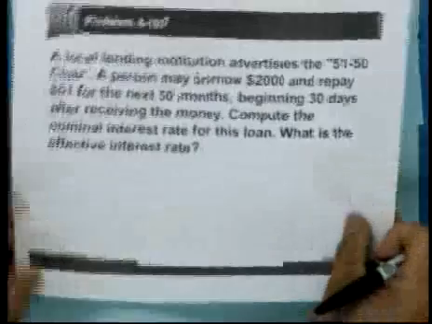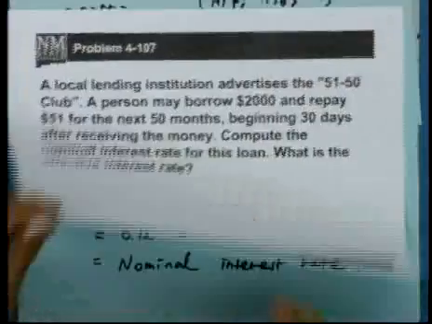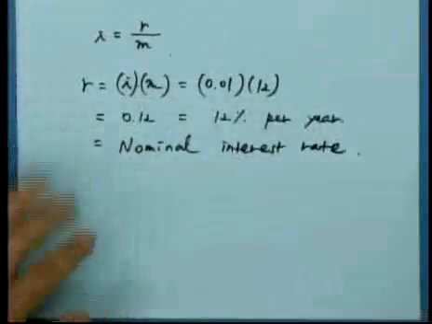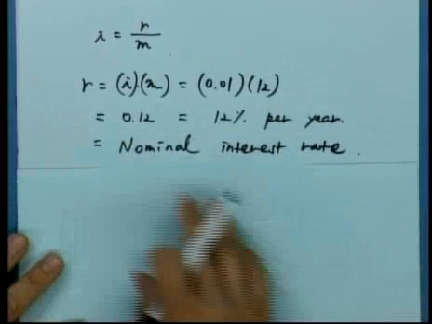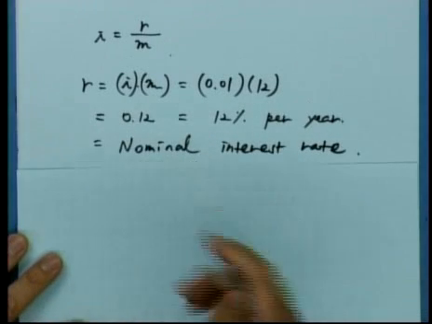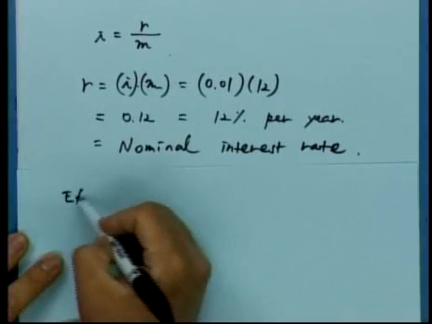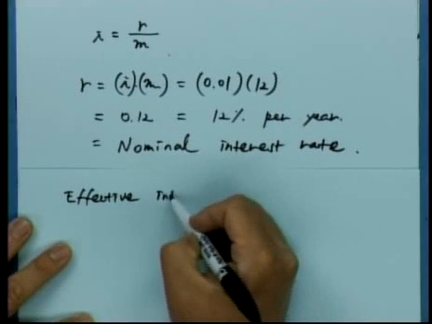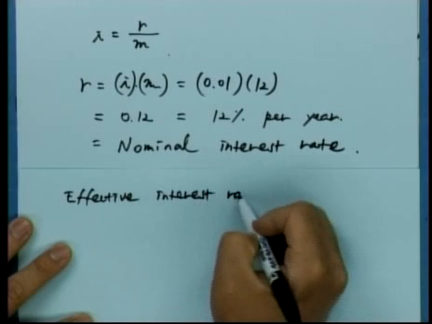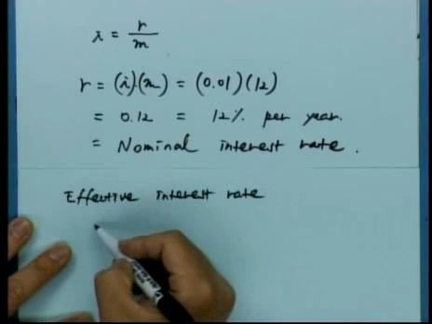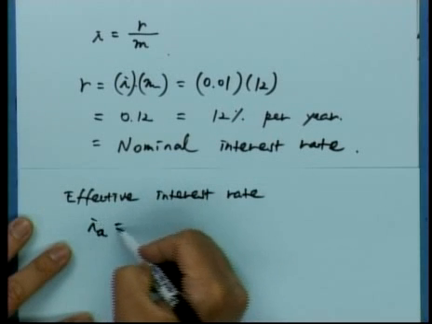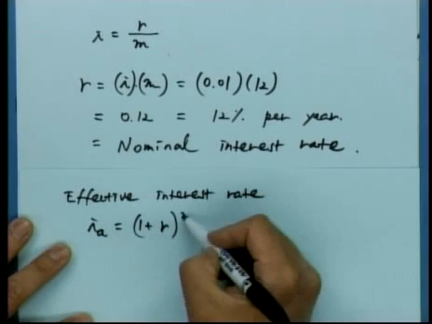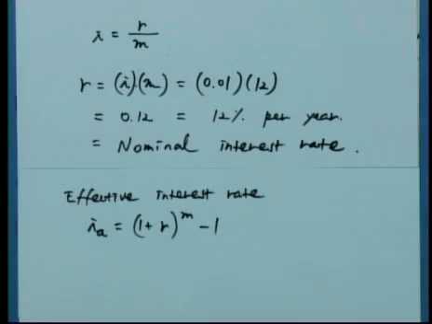Okay. We are also required to get the effective interest rate. Since you already got the nominal interest rate, the effective interest rate can be obtained by 1 plus R over M to the power M minus 1, right?